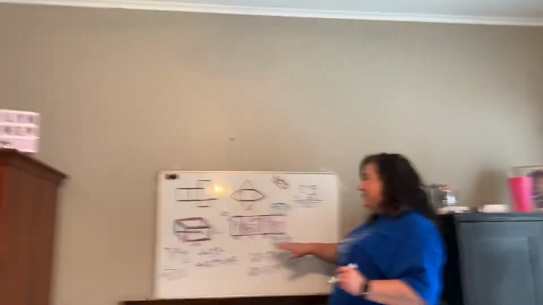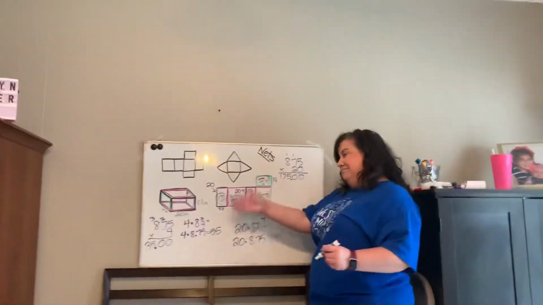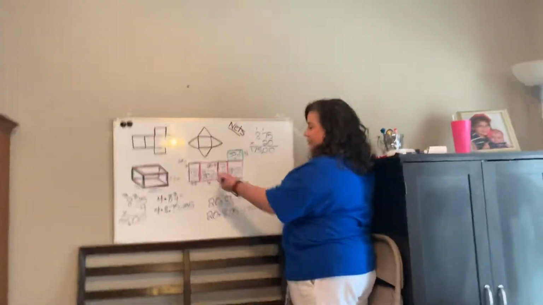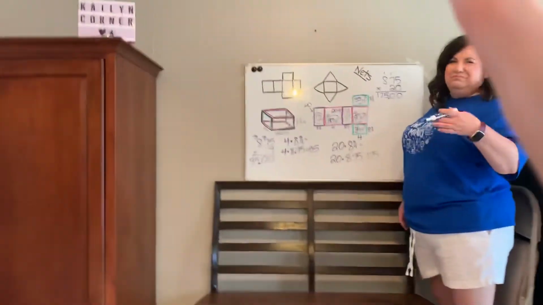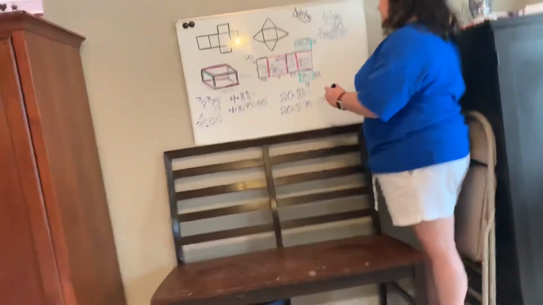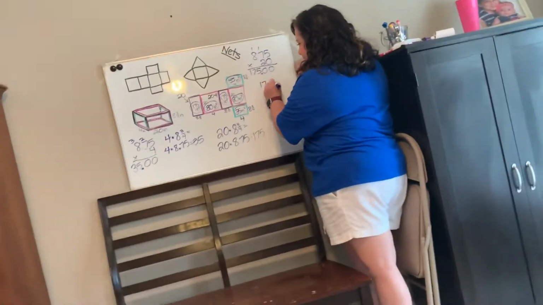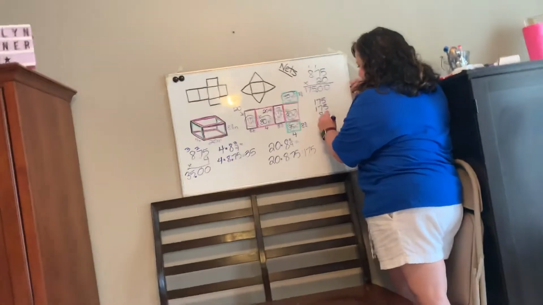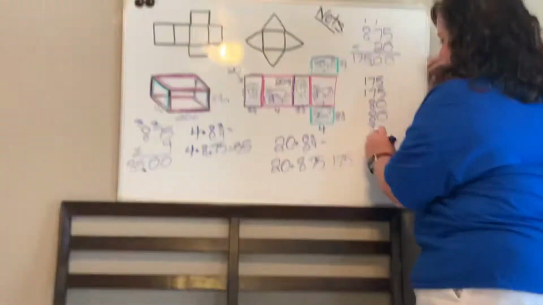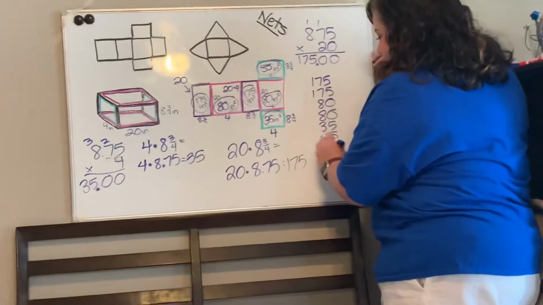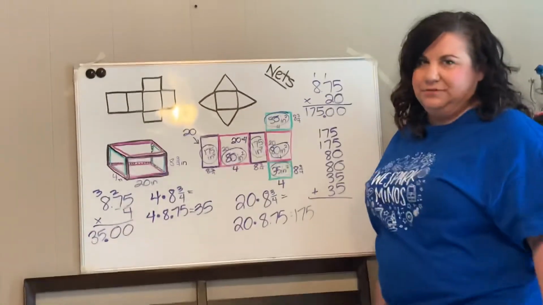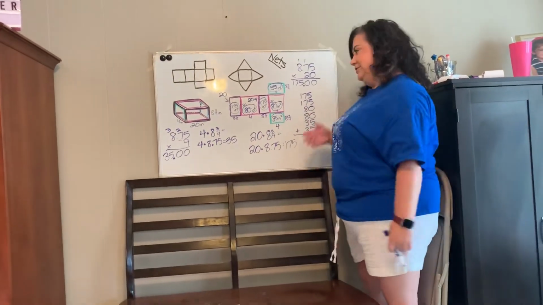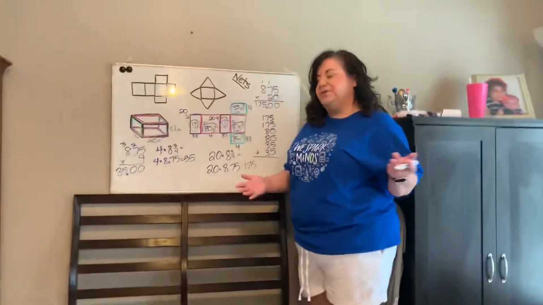All right, so now what I have to do is add them all up because I want the total surface area. I always put mine in order from greatest to least. So I'm going to do 175 plus 175 plus 80 plus 80 plus 35 plus 35. Some of y'all will probably be able to do some of this in your head, which is perfectly fine. If you can't and you want to do it like this, whatever works for you.